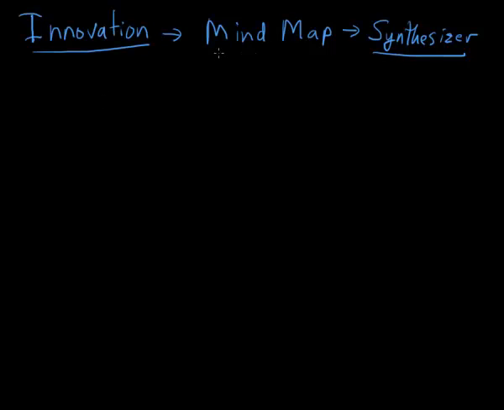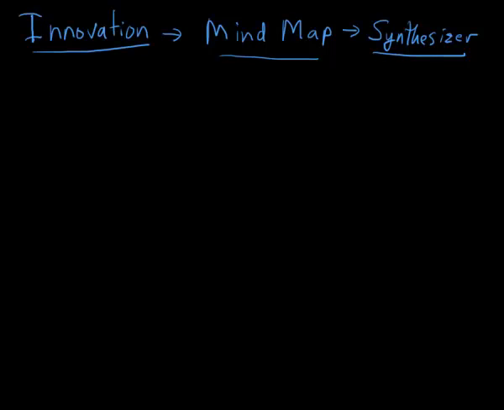Okay, and so after I did my mind map, I am then going to look at some of the common parameters that came out of that in terms of synthesis, and see if I can group all those different methods under these common parameters.